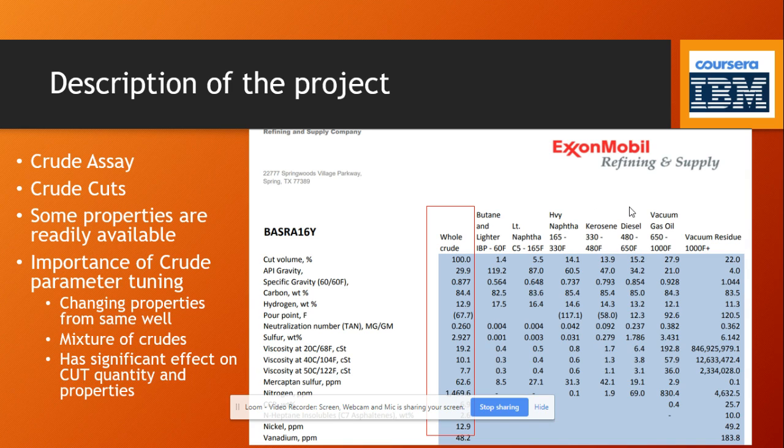Now, how do I do that? My hands are tied in most of the cases, because many of the times, the crude itself is a determinant of what cuts it will be producing. Like in this case, this particular crude is a particular type of crude called Basra, and under these ideal conditions it will produce these volumes of finished product.